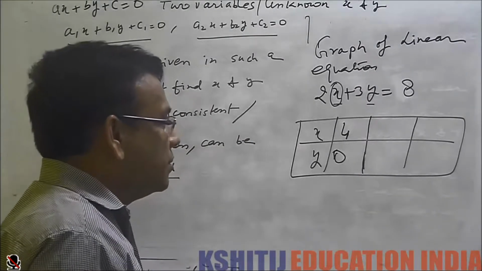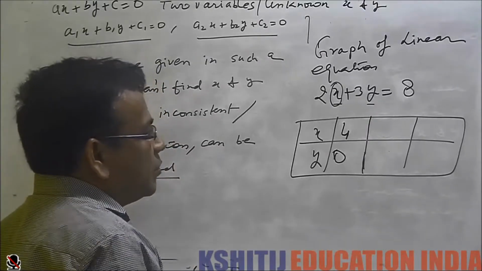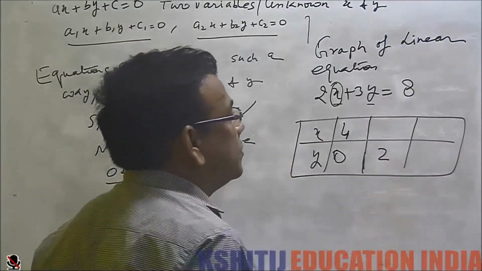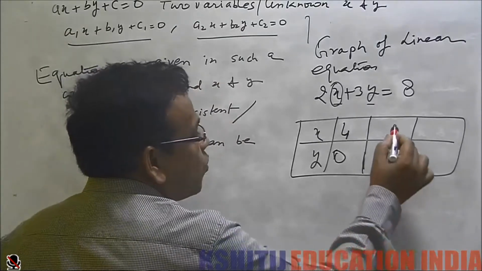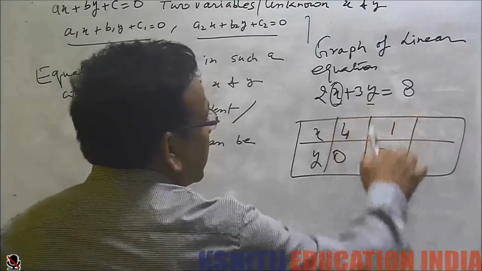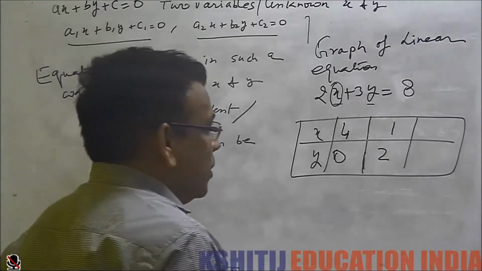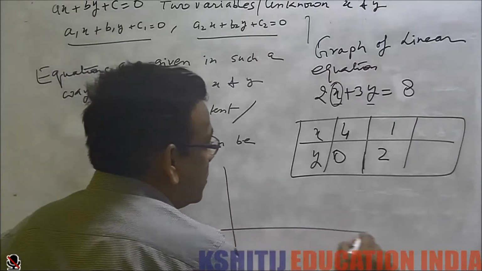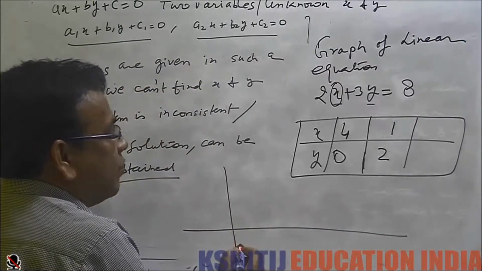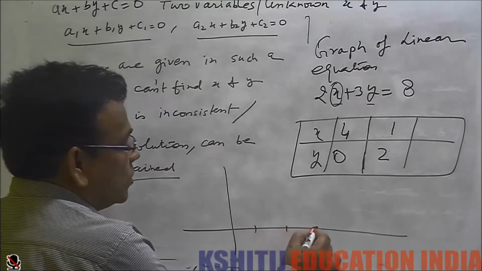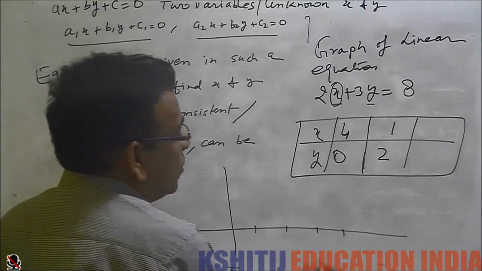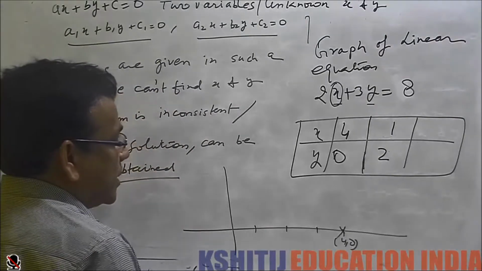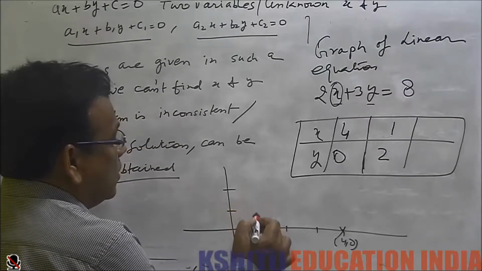Let's say I put y is equal to 2. I get x is equal to 1. 8 minus 6, 2 divided by 2, 1. Now when we want to draw the graph, what do we do? X is 4, so 1, 2, 3, 4, and y is 0. So this is one point. Then x is equal to 1 and y is equal to 2. Another point is this.